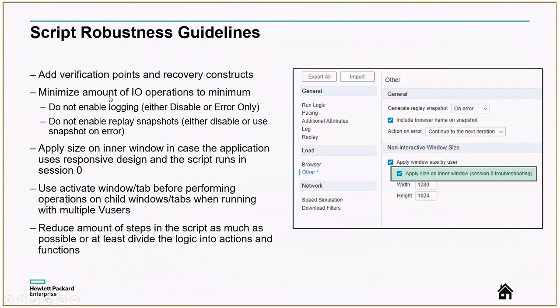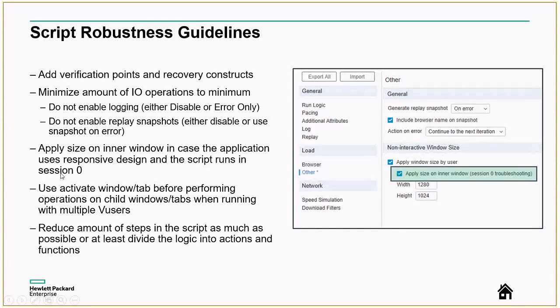Also, try to minimize the amount of I/O operations, especially do not run virtual users with extended log. It is not recommended, and it will just cause more I/O activity and more CPU utilization, and will impact the performance of the load generator.